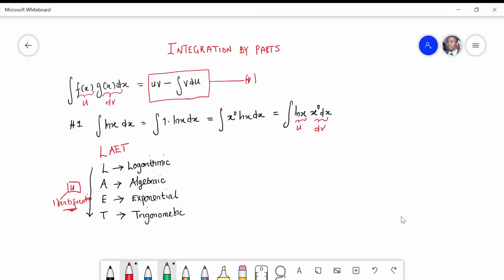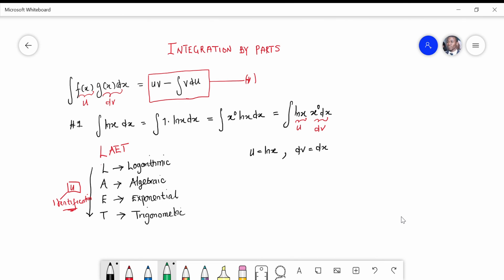So since we are able to identify these, we just load them in the formula, and then we get the required answer. But I will just go ahead and solve this, right? So u equals ln x, and then dv equals x raised to power 0, which is 1. We know that. I'm just trying to make it easy.